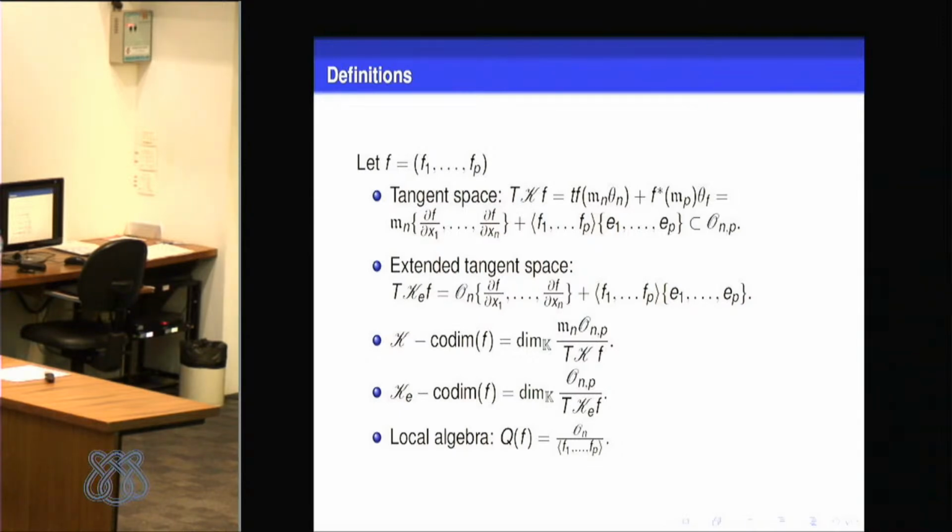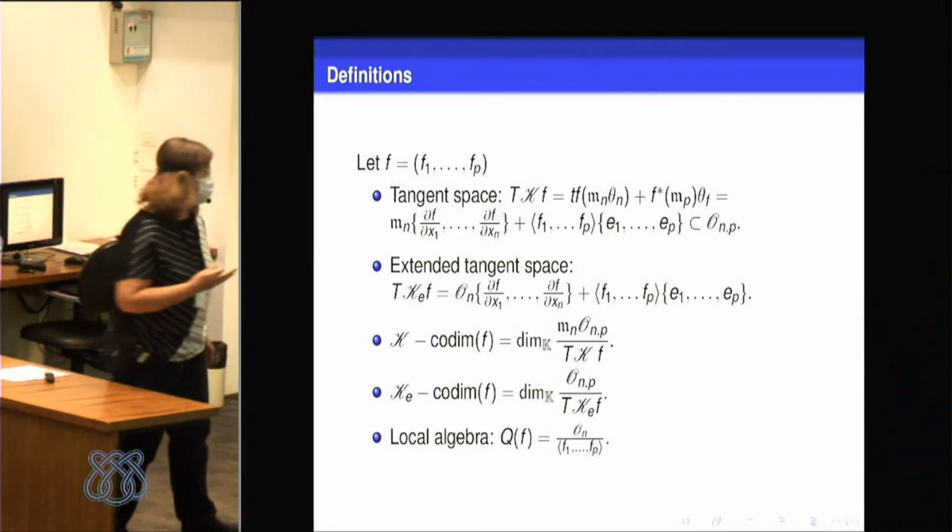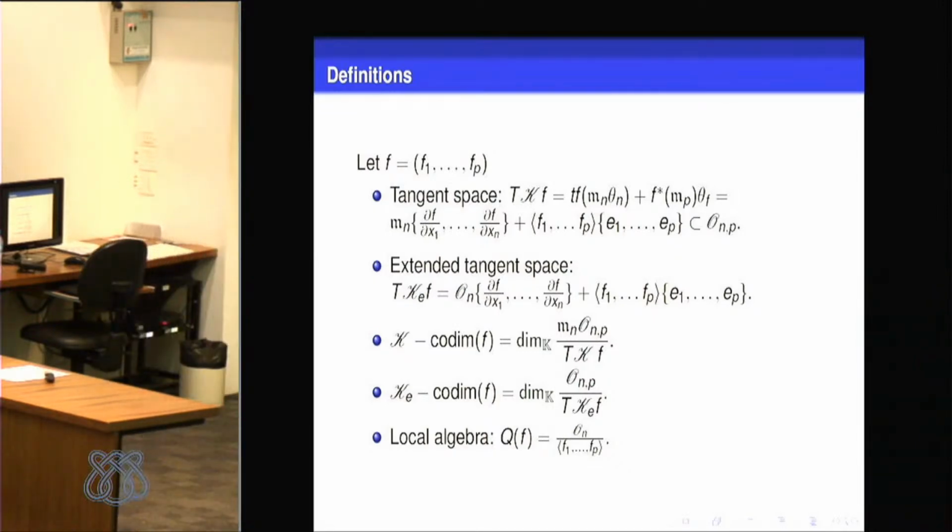Theta f means vector fields along F. But we can identify it with O_n^p, the O_n module of germs from K^n to K^p.